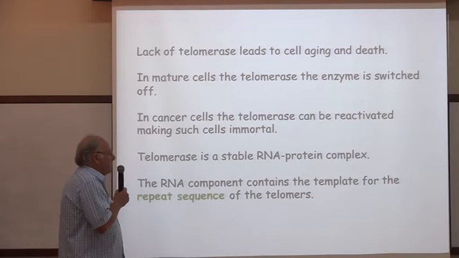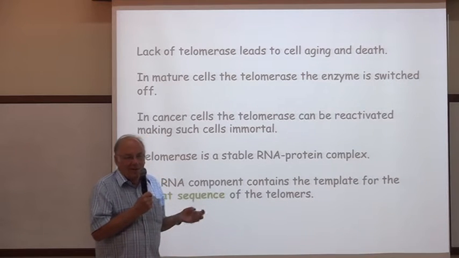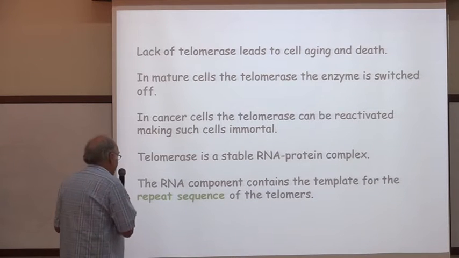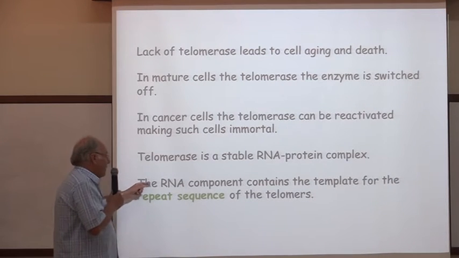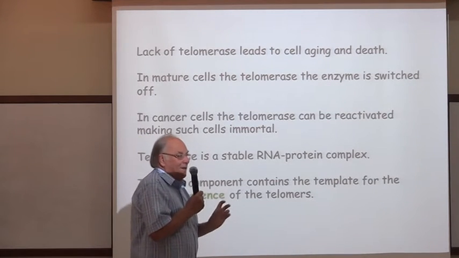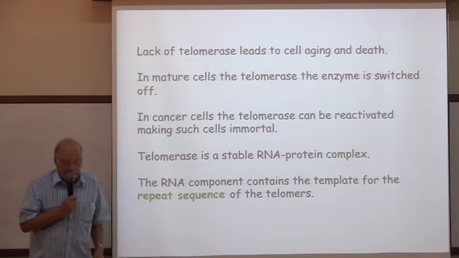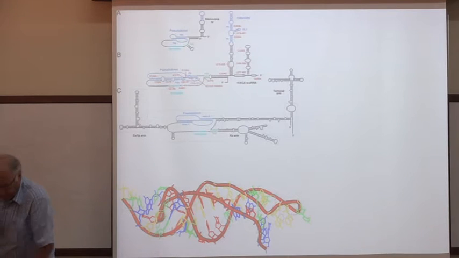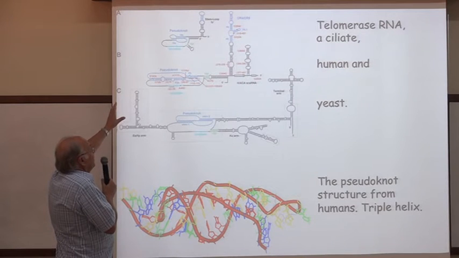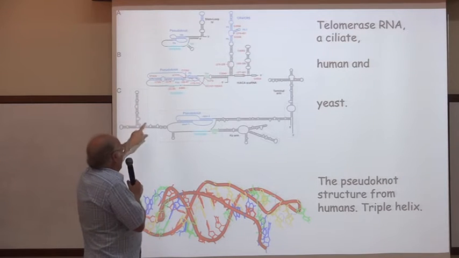And the telomerase is a stable RNA protein complex, just as many other complexes. Protein and RNA can make very interesting structures. And the RNA component here contains the template for adding the repeated sequences of the telomerase, or the telomeres. And here we see the RNA component of the telomerase from ciliate, from humans, and from yeast.